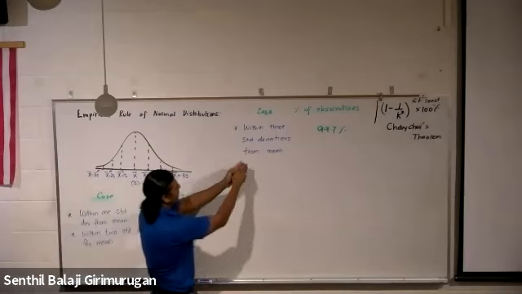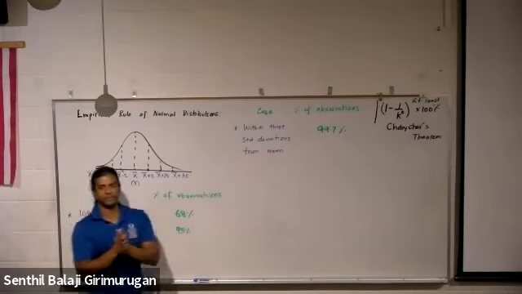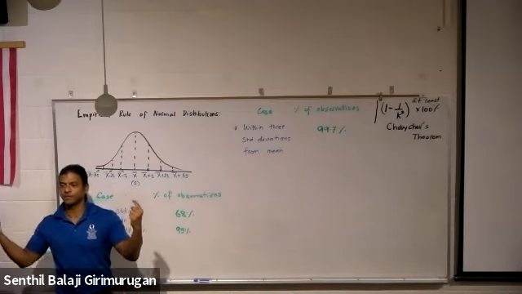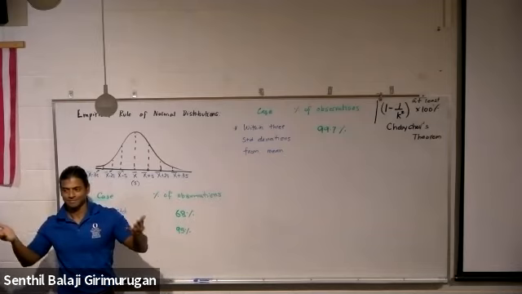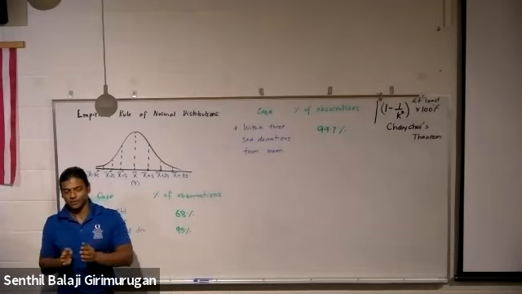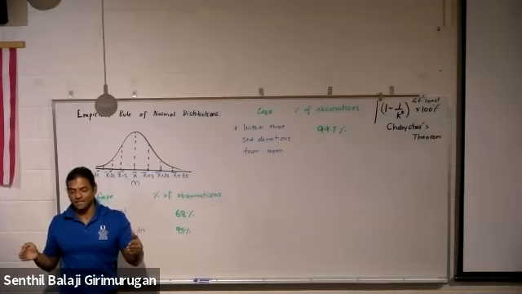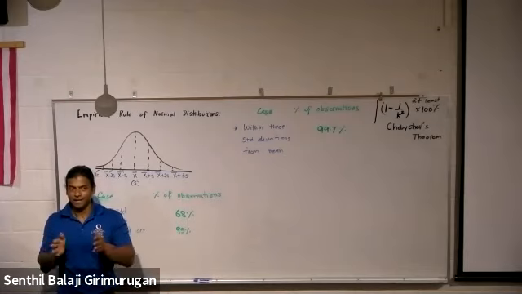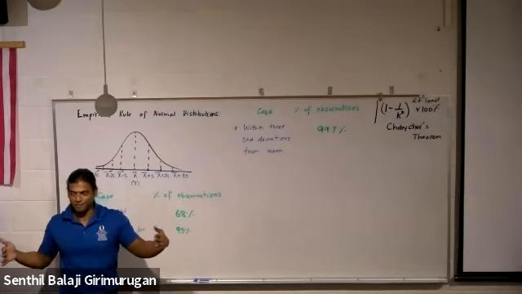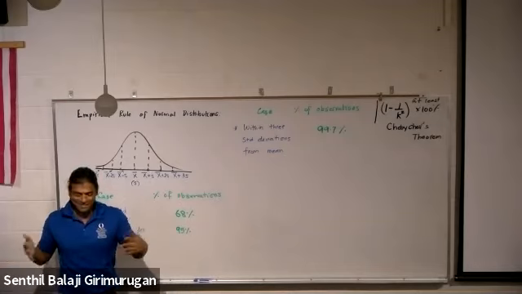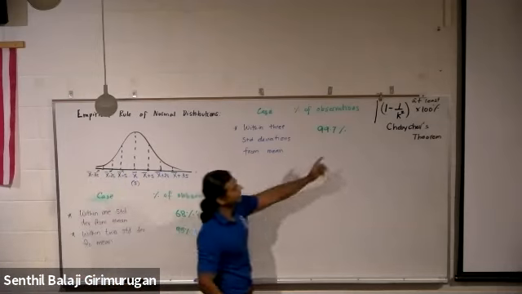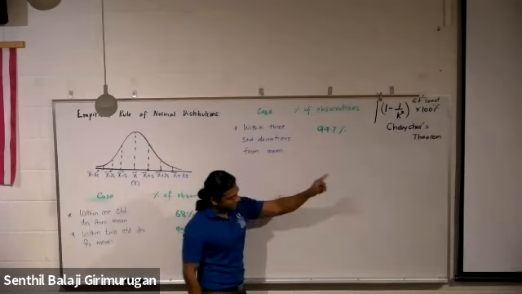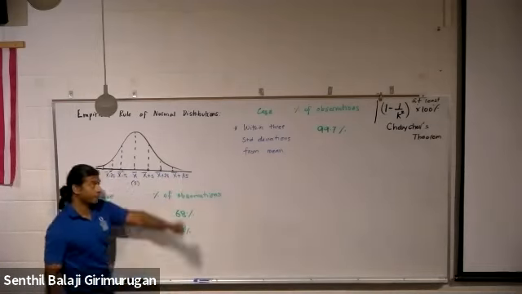Likewise, if you go 3 standard deviations from the mean, what is the value of k? If you go 2 standard deviations from the mean, k is 2. If you go 3, k is 3. So plug in k equals 2 and tell me what you get, then plug in k equals 3.